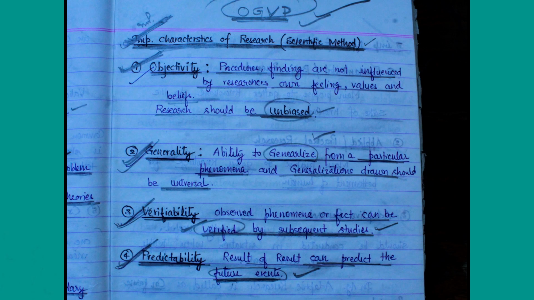Procedures and findings are not influenced by the researcher's own feelings, values, and beliefs. The research should be unbiased, right? For example, as a social scientist, suppose I am conducting research in an area where I belong, Almora, Uttarakhand. Suppose I have a project in the Almora region, and I am researching the performance of my project on people's behavior, and I belong to that region.